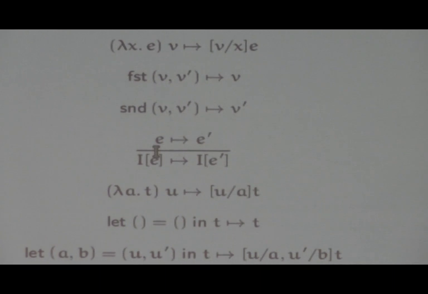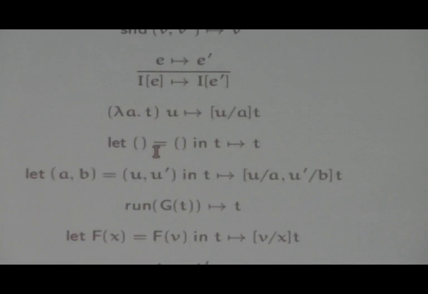I'm just writing all the congruence rules by saying I is a frame. I'm going to skip over all the congruence rules because they're numerous and boring. And then the same thing happens in the linear calculus as well. If we have a linear function application, it's the same reduction behavior. We resolve this by substitution.